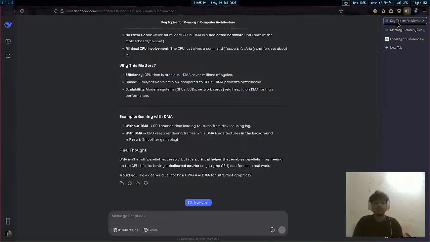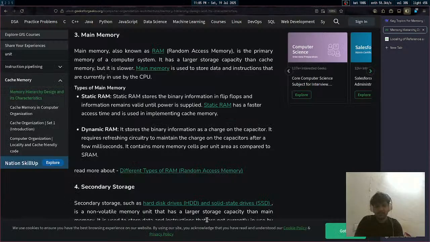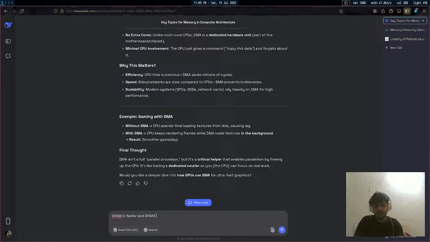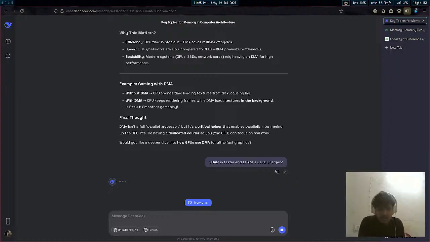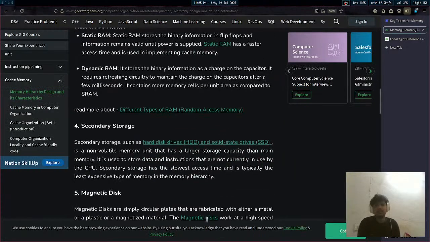So SRAM is faster and DRAM is usually larger. Am I correct? Yeah, sure.